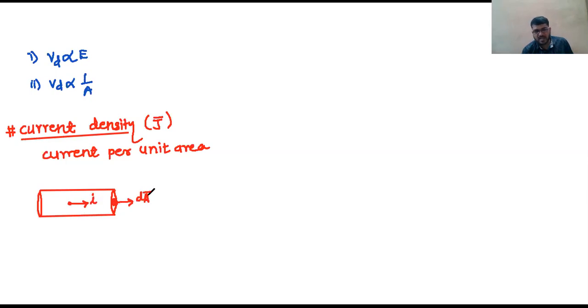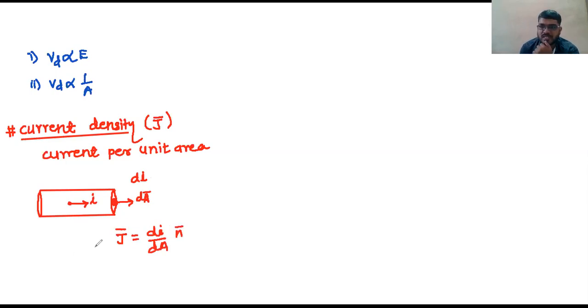And through this area, let us suppose the current is di. Then J bar is equal to di by dA into n bar.